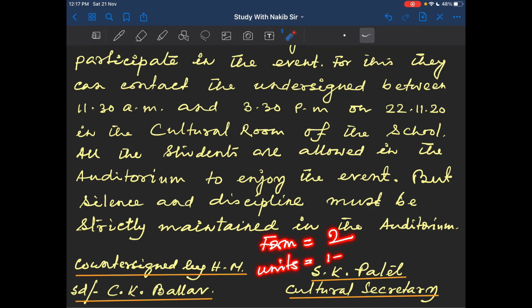He will write 1 plus 1 plus 1 plus 1 plus 1 plus 1 is equal to 6. And register, if you write this way, he will write 2. Together all total he will write here 10. Okay, this is the way of marking.